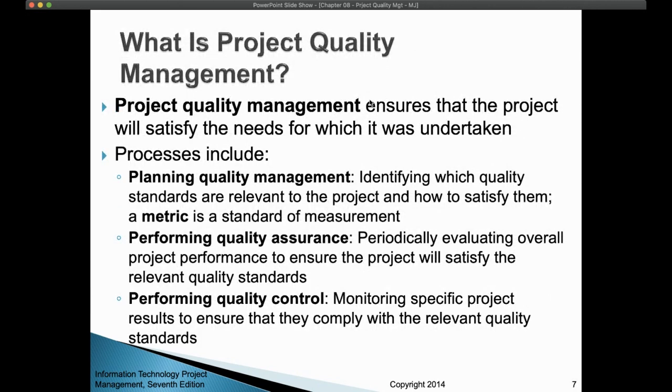What is project quality management? Now we know what project quality is. Basically, project quality management is the process of ensuring that the project will satisfy the needs for which it was undertaken.